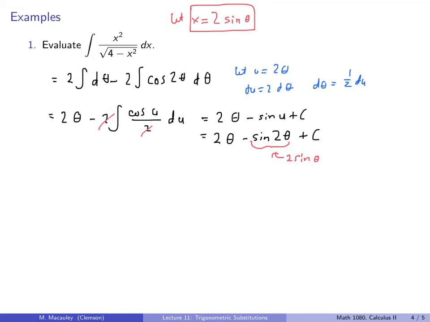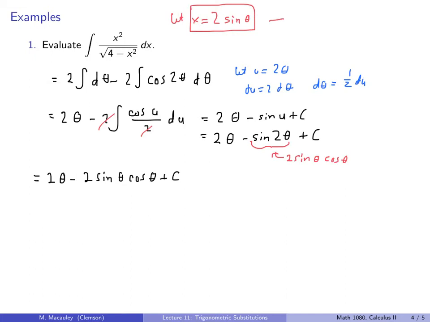This is one of the double angle formulas anyways; there are several of them. So if I make that substitution, this integral becomes 2 theta minus 2 sine theta cosine theta plus c.